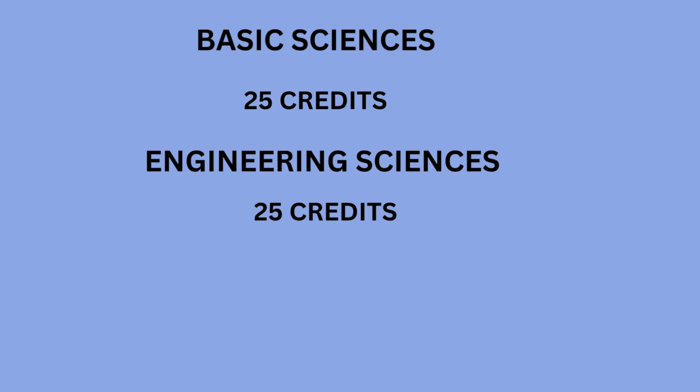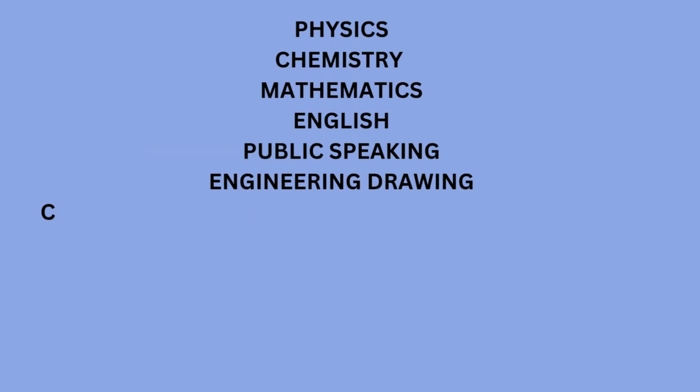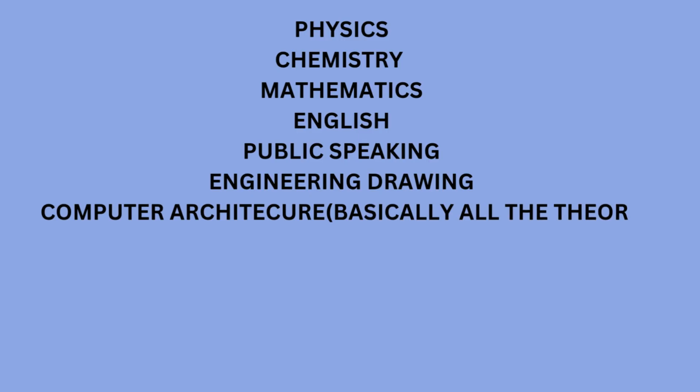Following that, you have to complete 25 credits in basic sciences and engineering sciences. Basic sciences and engineering sciences involve subjects like physics, chemistry, English, public speaking, mathematics, and computer architecture. And then you have electives like humanities and sciences. In humanities and sciences, you're supposed to complete 13 credits.